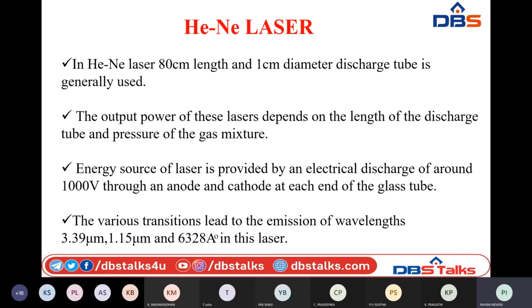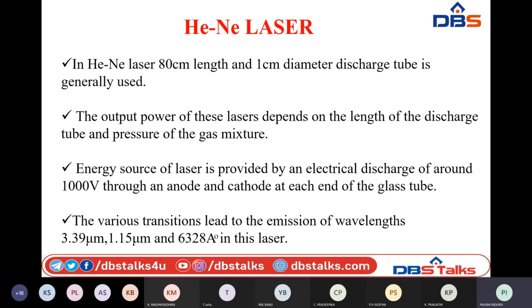In this laser we are able to obtain a number of transitions, during which we obtain wavelengths of 3.39 micrometer, 1.15 micrometer, and 6328 angstroms.